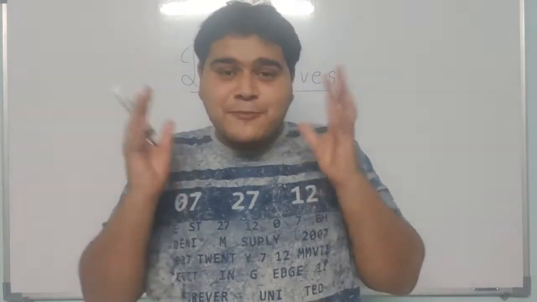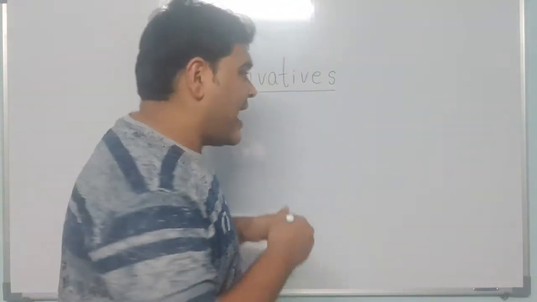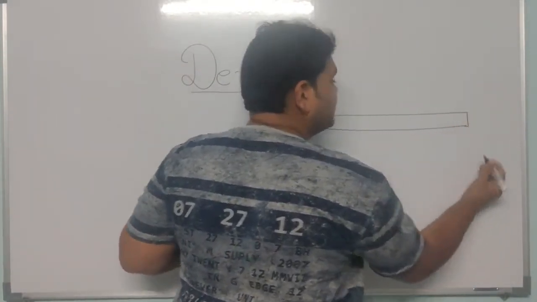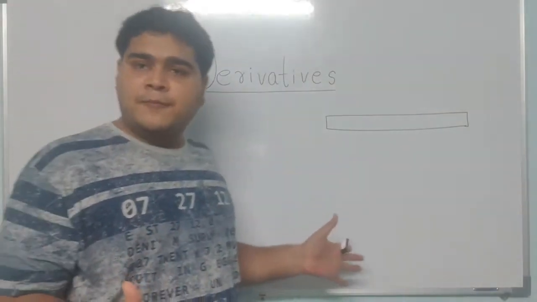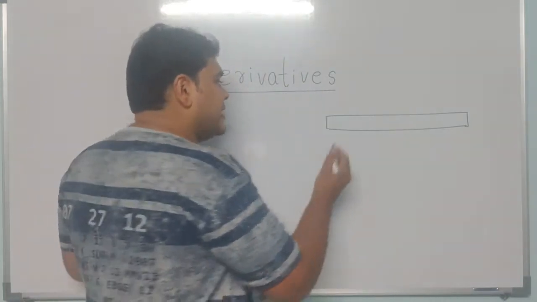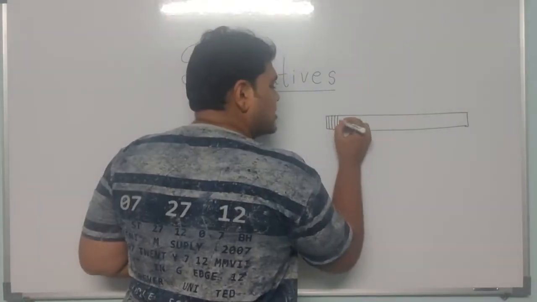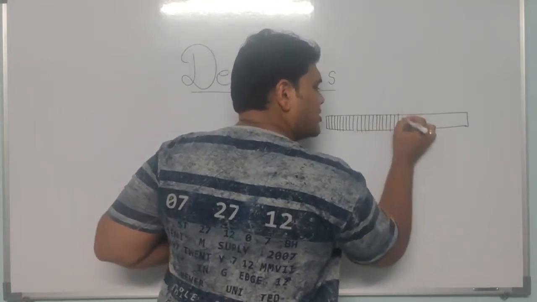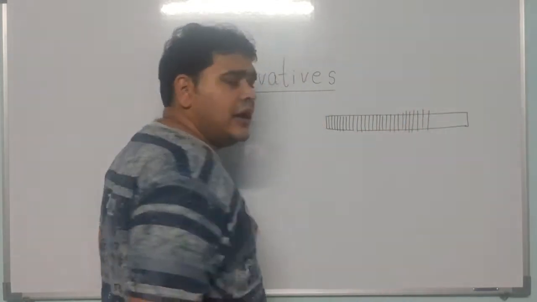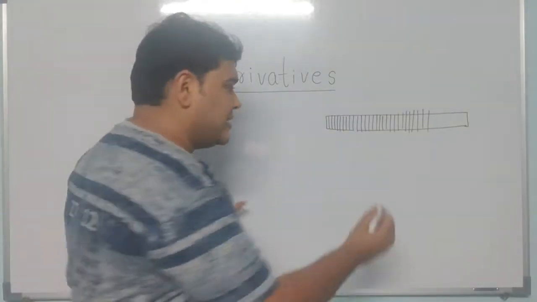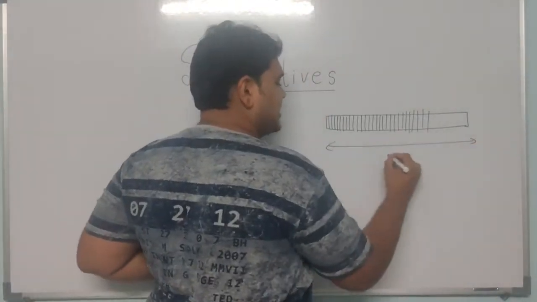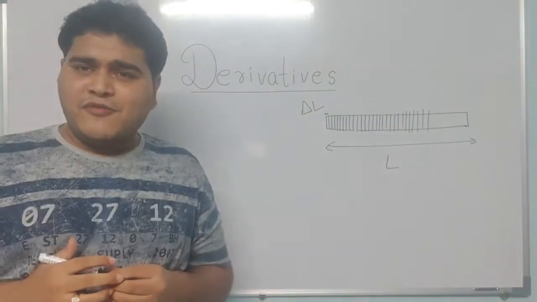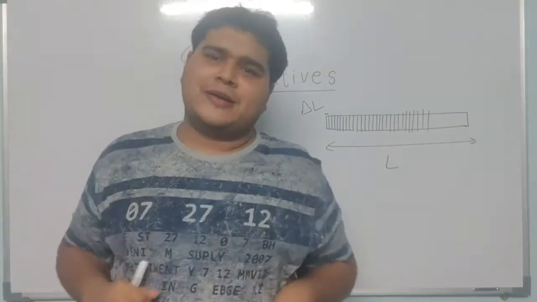Hypothetically, if I have a wire of length L and I break it into small parts, and each part is so small, so tiny compared to the entire length, that I can say if the entire length is L, each part is delta L, a very tiny, very small part.